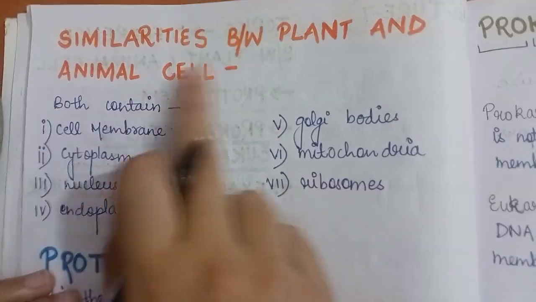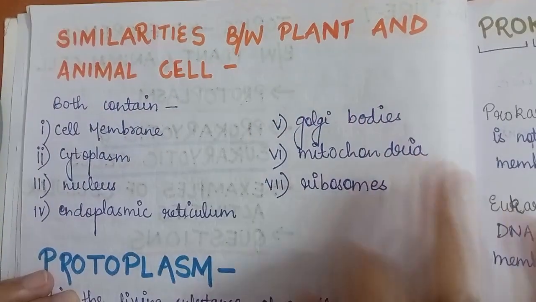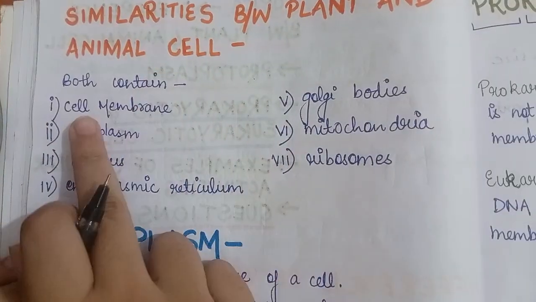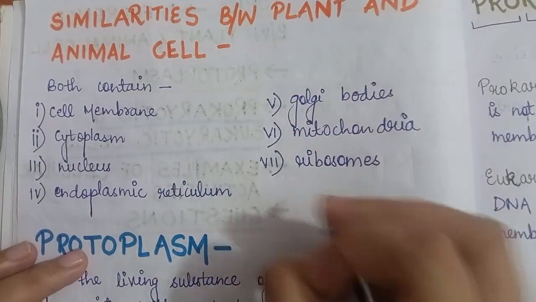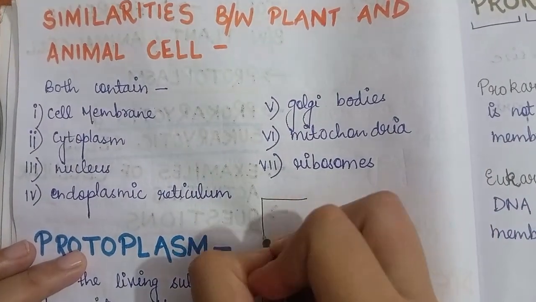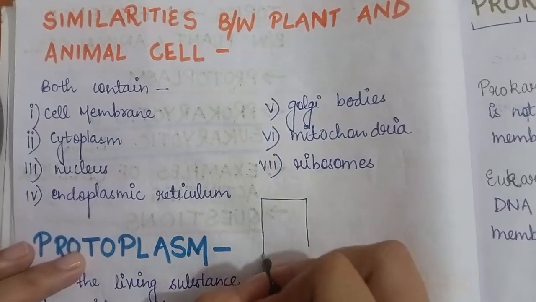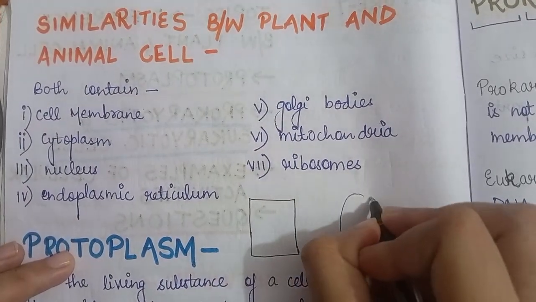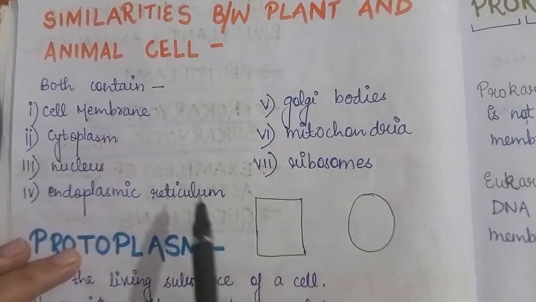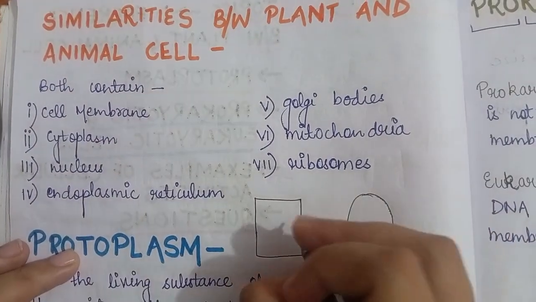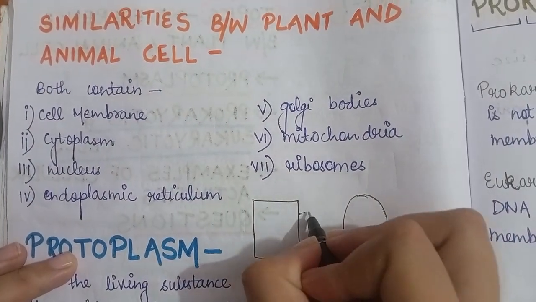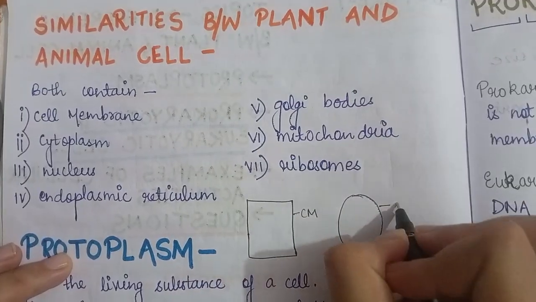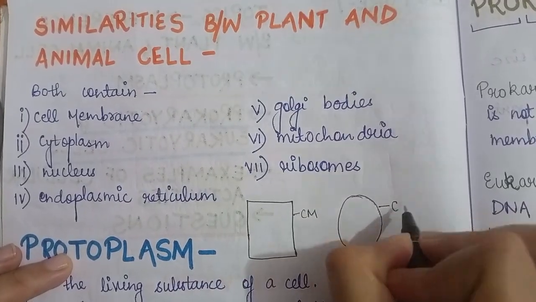See the similarities between plant and animal cell. Both plant and animal cell have cell membrane. Let's draw also. This is a plant cell. This is an animal cell. So both have cell membrane or plasma membrane.